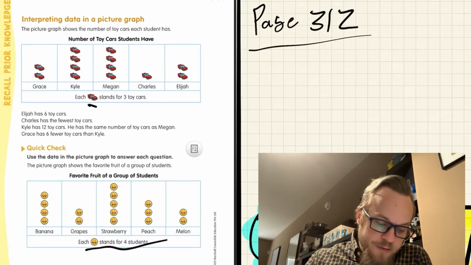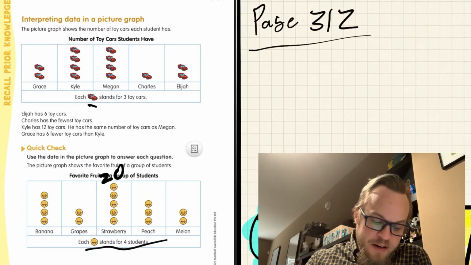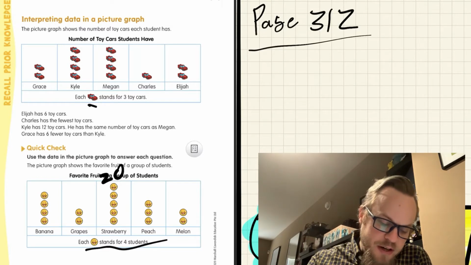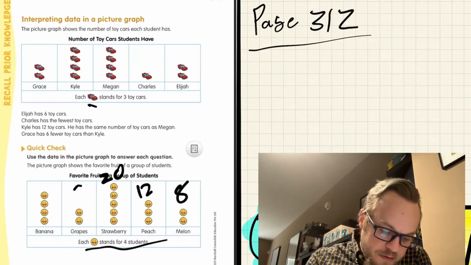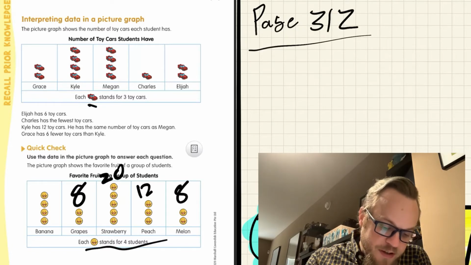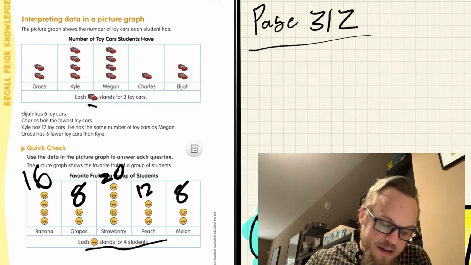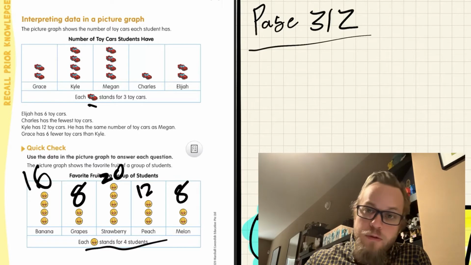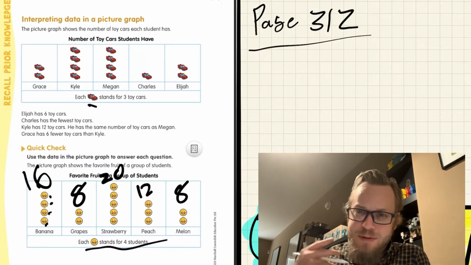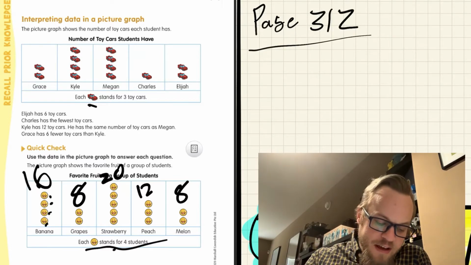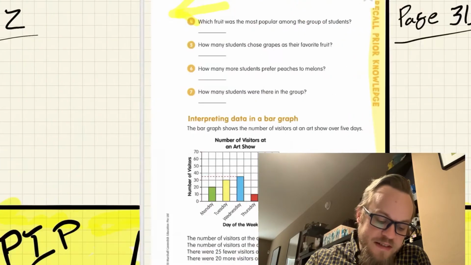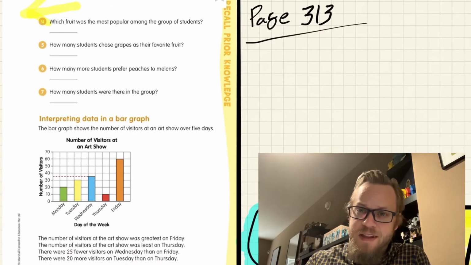With our favorite fruit, strawberry is clearly the favorite with 20 scholars favoring strawberry. Peach has a multiple of 4, so 12, 8, 8, 4 times 4, that's 16. So we can easily tell who has what favorite fruit just by looking at this picture graph, counting up the number of smiley faces, and multiplying it by the multiplier down at the bottom.